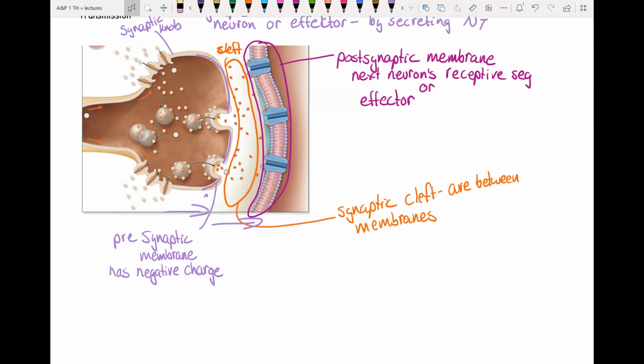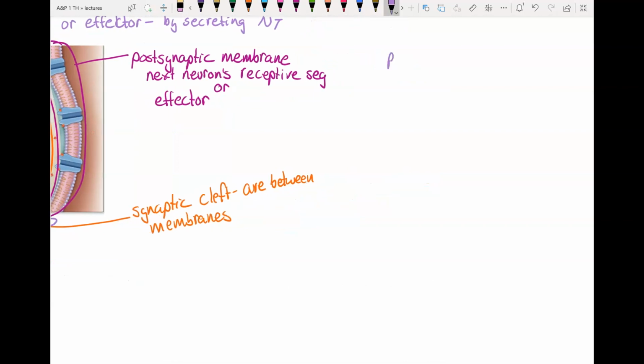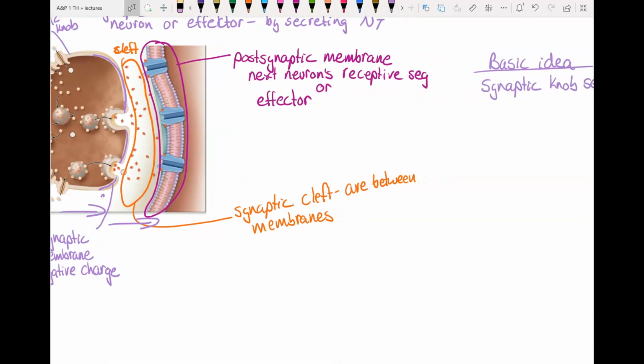So the basic idea, we'll do the basic idea first, then we'll get into a little more detail. The basic idea is that the synaptic knob secretes neurotransmitter. So that is the red dots here.